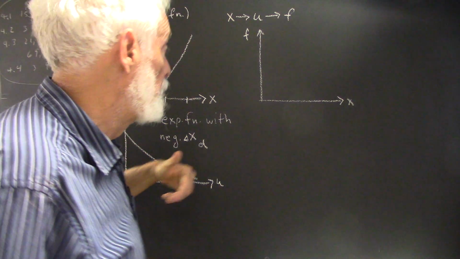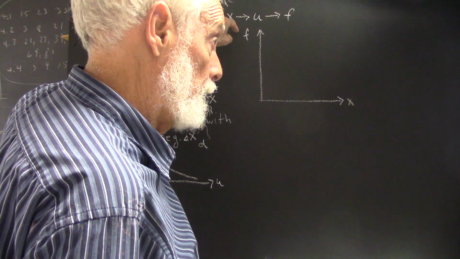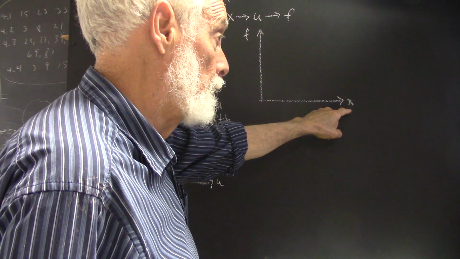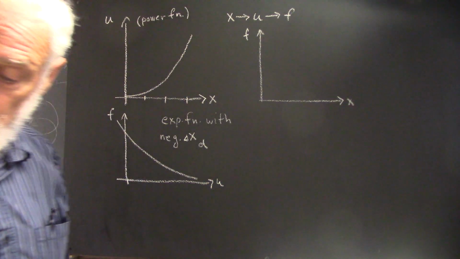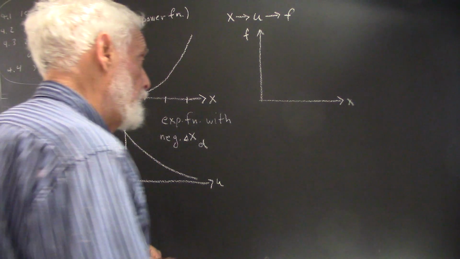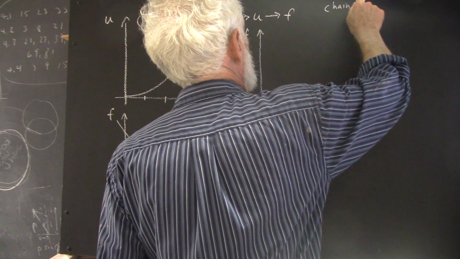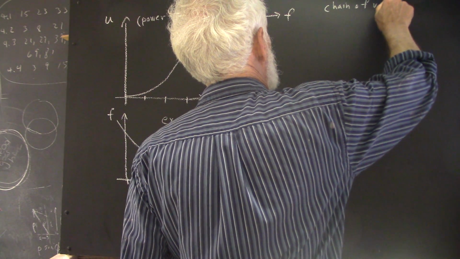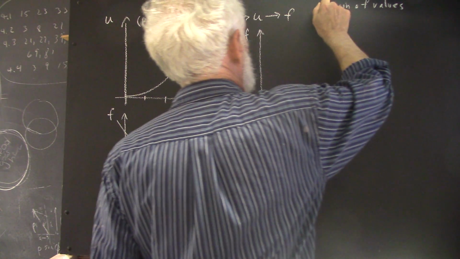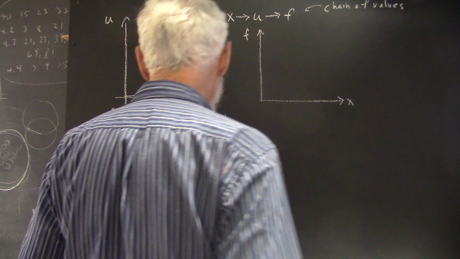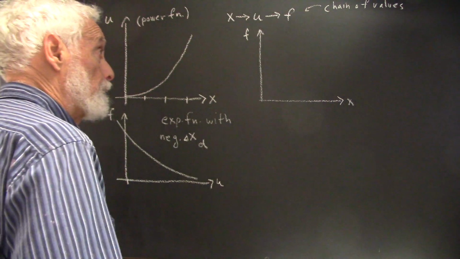And then we're going to have a graph that shows the value of f versus the original value of x. Okay, and this is a chain of values, and what we have is a chain of functions.